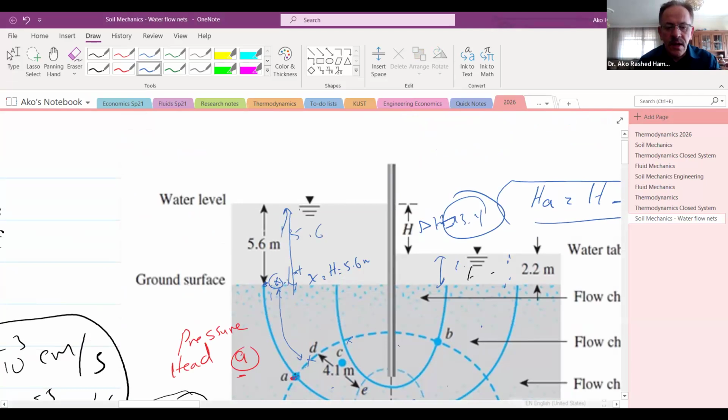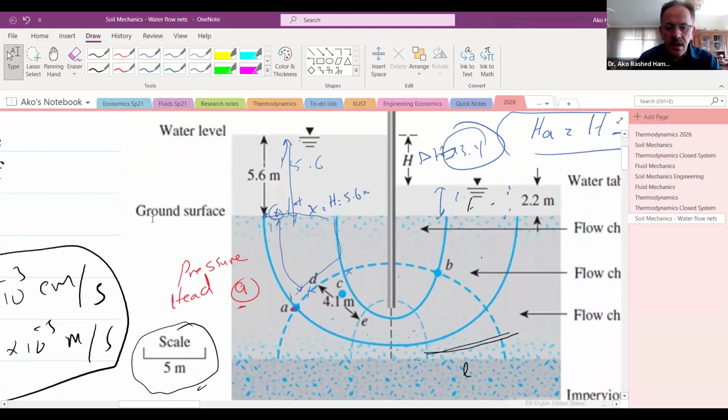Here at A, the pressure will be 5.6 minus the drop of the pressure. How much is the drop of pressure? Because it's one square, one step, it is 1 times 0.6. 0.6 meter has been dropped for each one. So the head here is 5 meter. So this is the head at A.